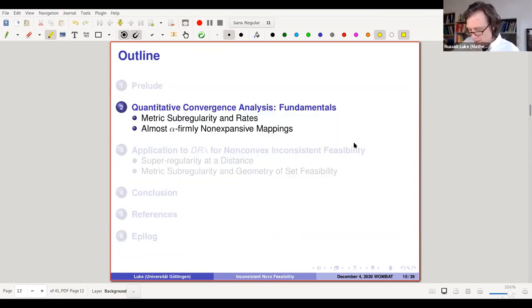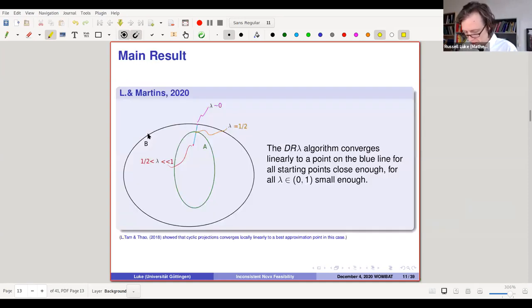So the basic tools for understanding this behavior, this in vivo numerical behavior for real experimental data, are two tools: metric subregularity, so I'm glad to follow on the previous talk, and almost alpha firm non-expansiveness. And this is a generalization of firm non-expansiveness that I'll explain in a bit.